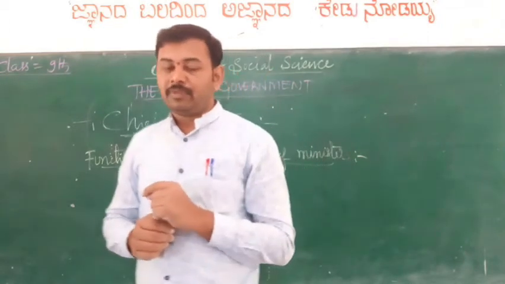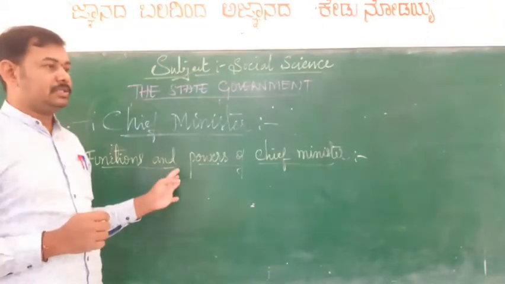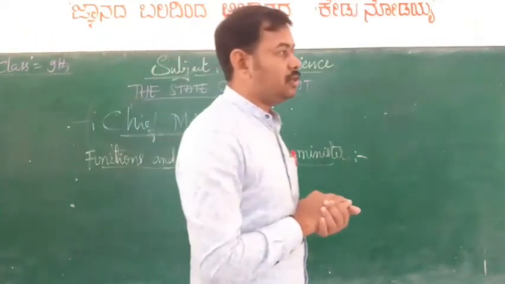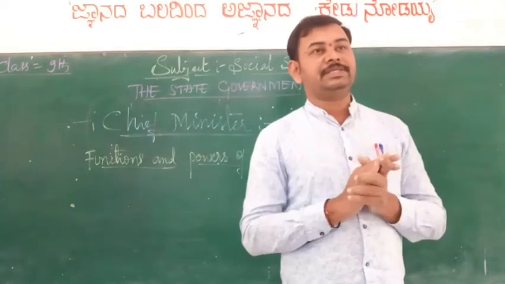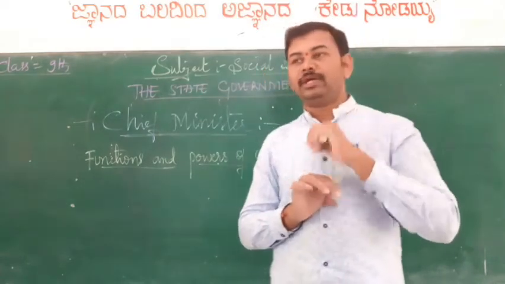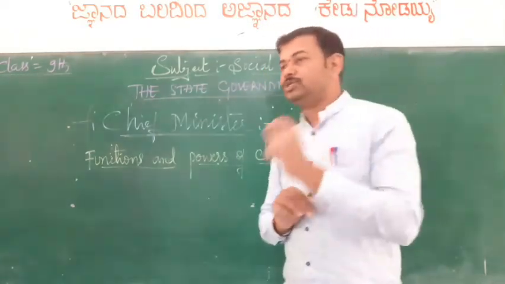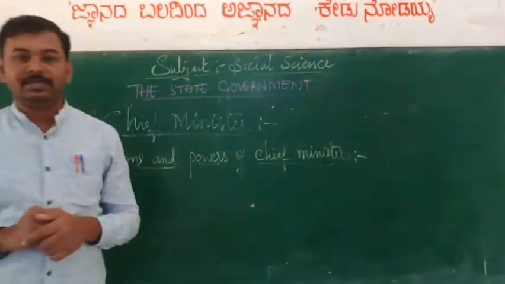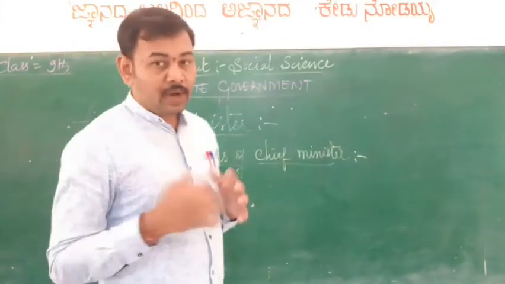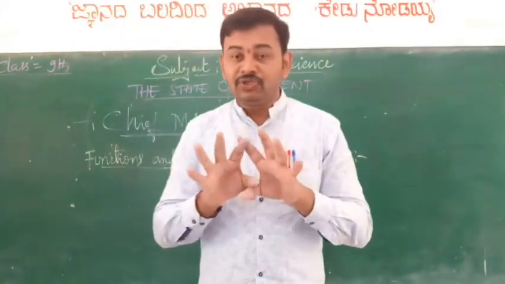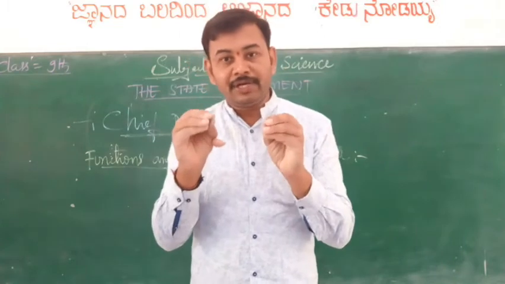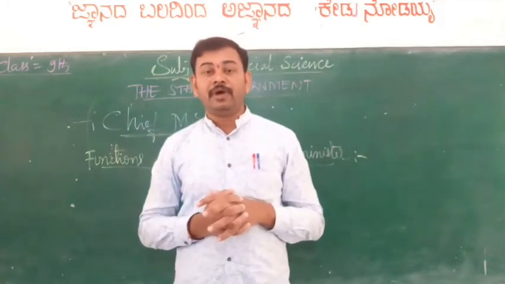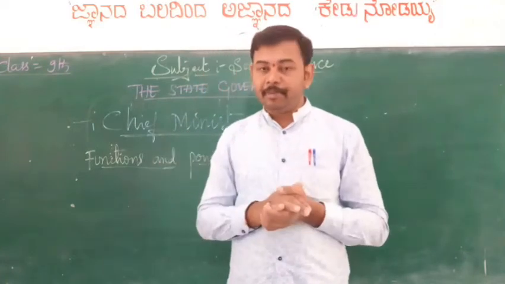Dear students, being the head of the cabinet and the head of the government, the chief minister has the power to coordinate all the departments and to advise them, as well as to supervise them, so that he can advise and change some important issues in any department, and he can also supervise the whole department.